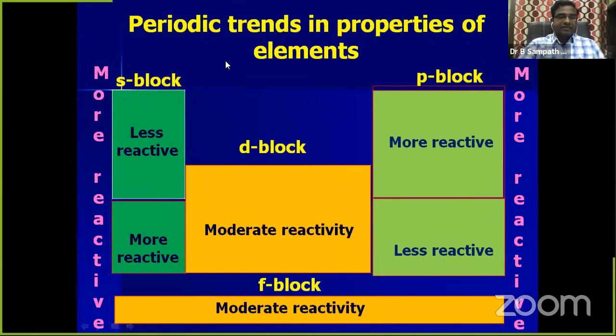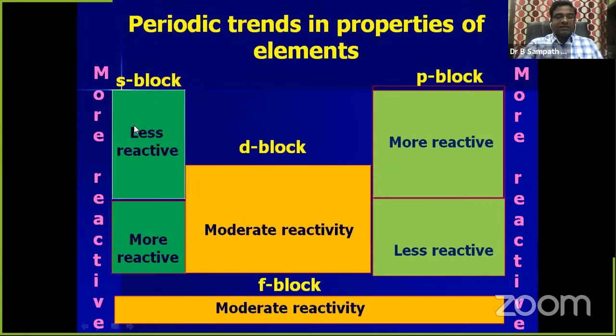Periodic trends. Let us see, children, here in this periodic table, the reactivity of elements. We know very well the S block elements, P block elements, D block elements and F block elements. These elements have different reactivity. So let us see how the reactivity varies in the periodic table.